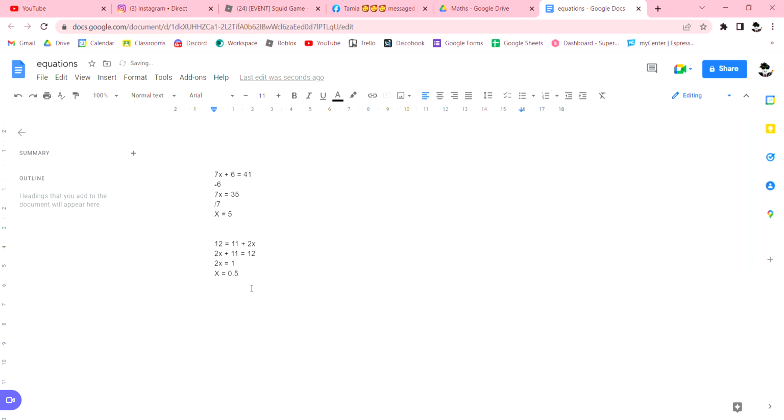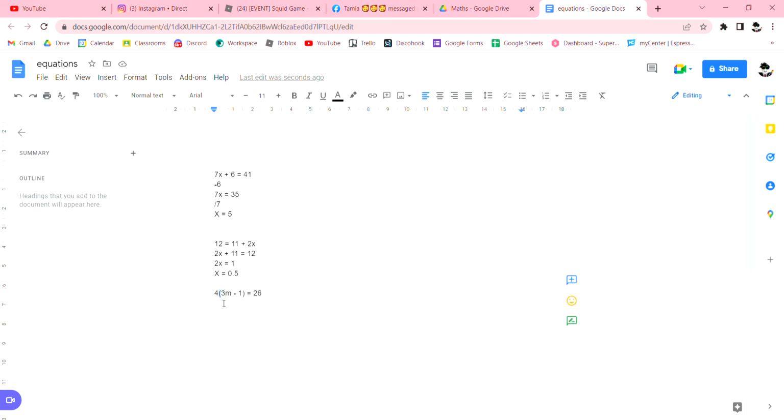Okay, let's introduce brackets into it. So let's do 4 times (3m minus 1) equals 26. We want to get rid of these brackets first, so we need to get rid of this 4.